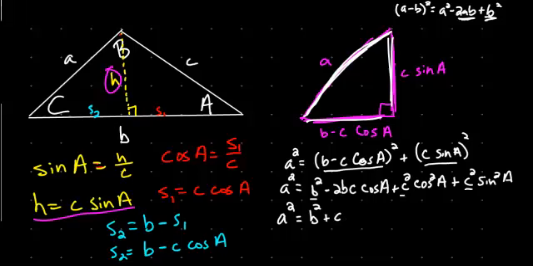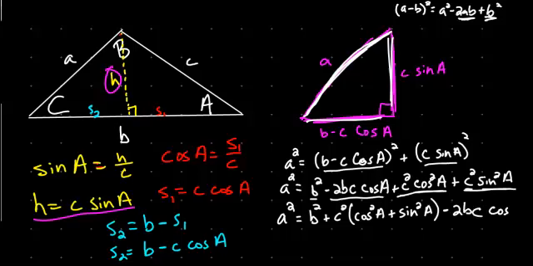So plus c squared times cosine squared a plus sine squared a. So this whole term that I just wrote is c squared cosine squared a plus c squared sine squared a. Okay, and that leaves me with minus 2bc cosine a.